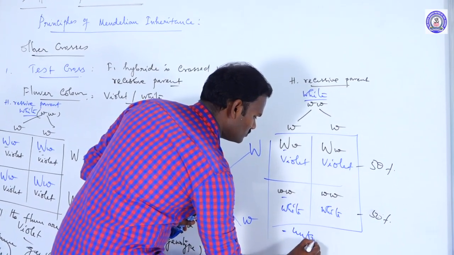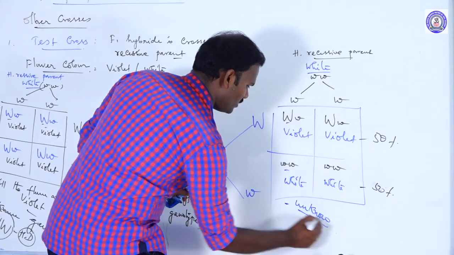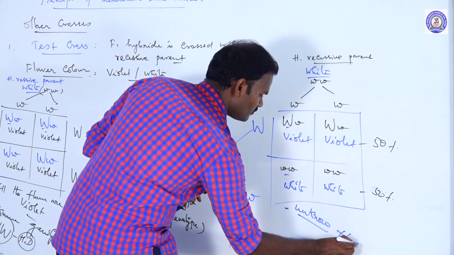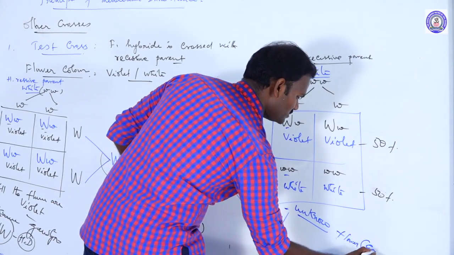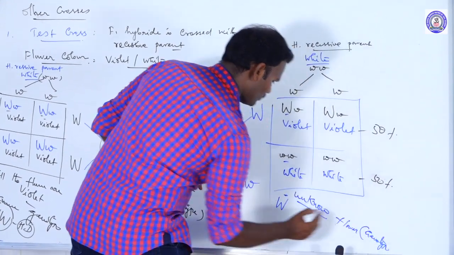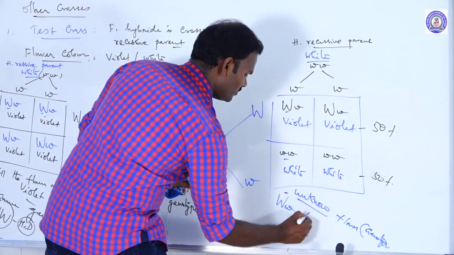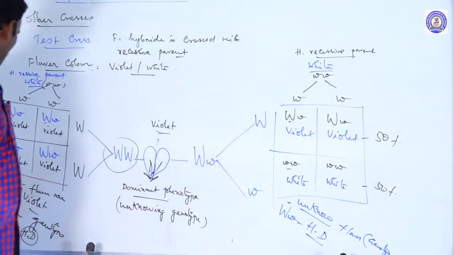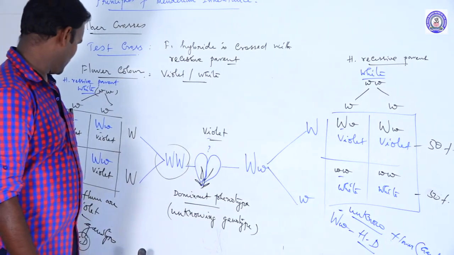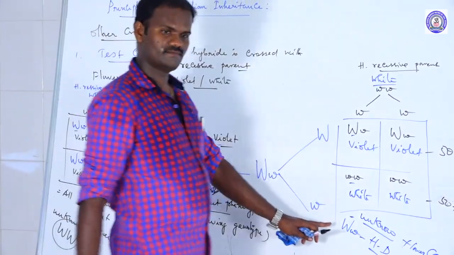The unknown genotype, capital W small w, is nothing but heterozygous dominant. In the first case it was homozygous dominant; here it is heterozygous dominant.